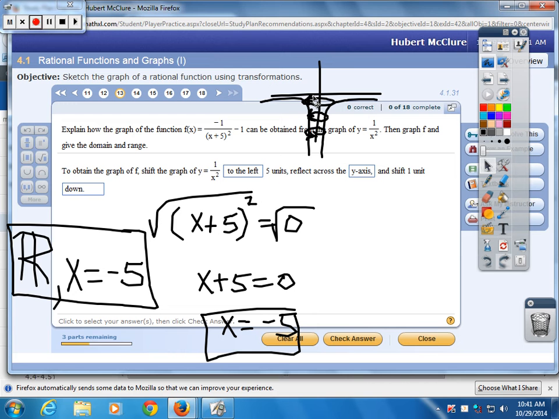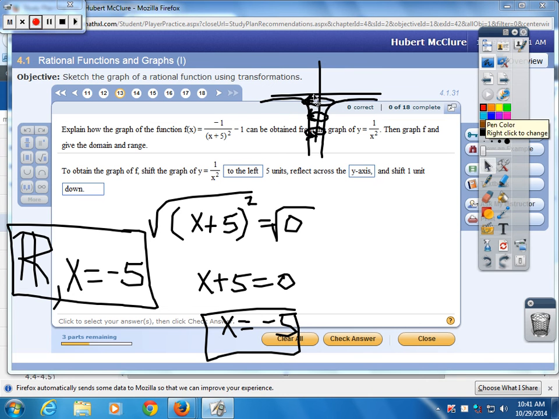So that would be, let me do it in red, 1, 2, 3, 4, 5, and then down what? 1. So our new one is right there, and I'm just going to draw this like this, and here is our new one.